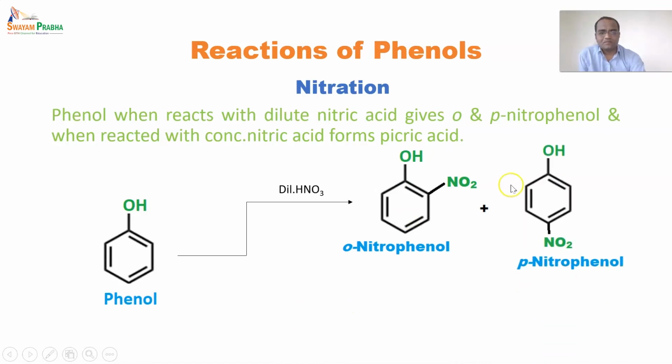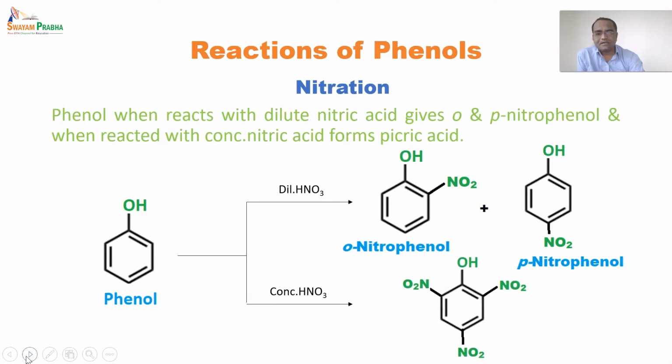From this reaction it can be understood that because phenols are ortho-para directing, it gives two kinds of products, ortho and para. And when it has been treated with concentrated nitric acid, it gives picric acid. So picric acid is a combination of nitro at ortho and para.